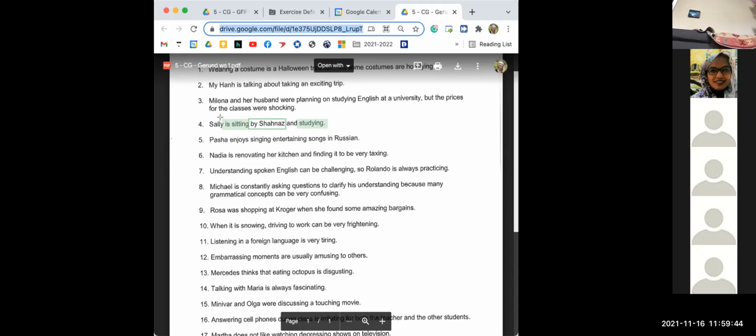Both of these verbs come back to this be verb is and the same subject. So we can add that extra information. I could say, Sally is studying and sitting by Shanaz. That way is okay too. It's just that extra information that's included.